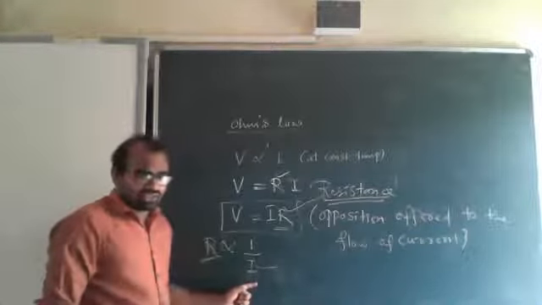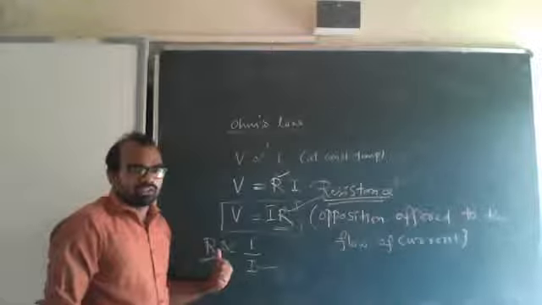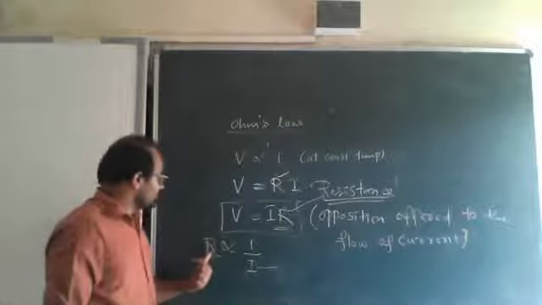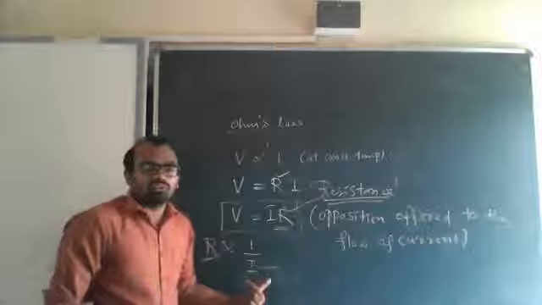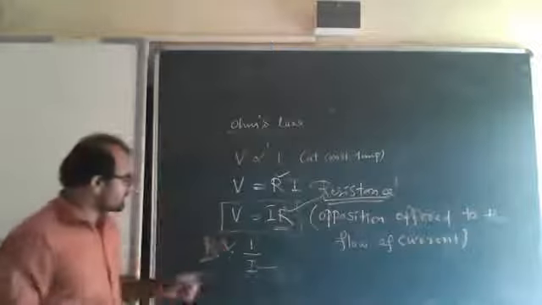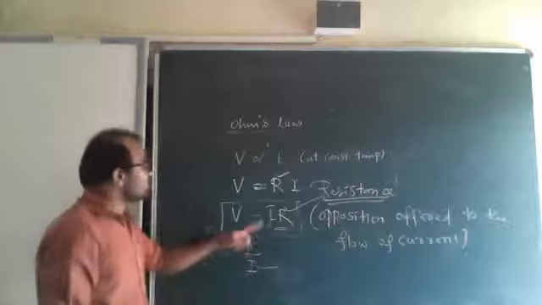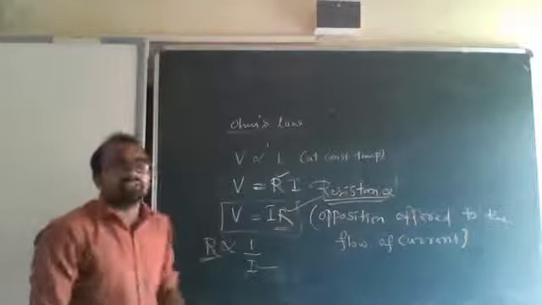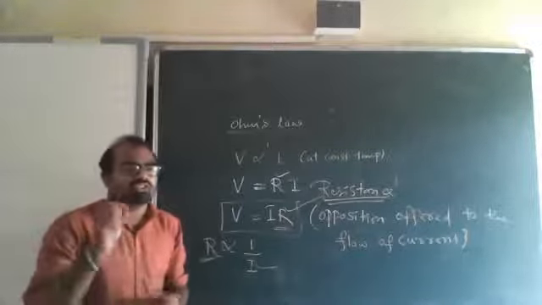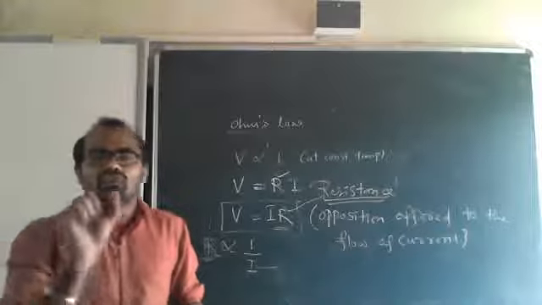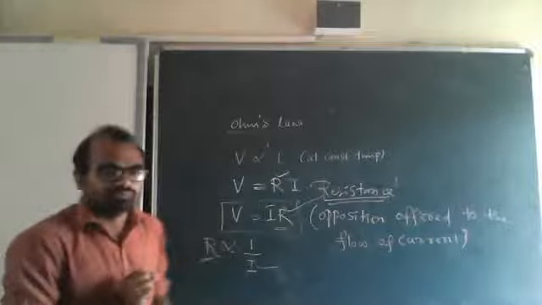If current increases, then resistance will decrease. If resistance decreases, then current will increase. If resistance increases, current will decrease. So what is resistance? Resistance is the opposition offered to the flow of current.